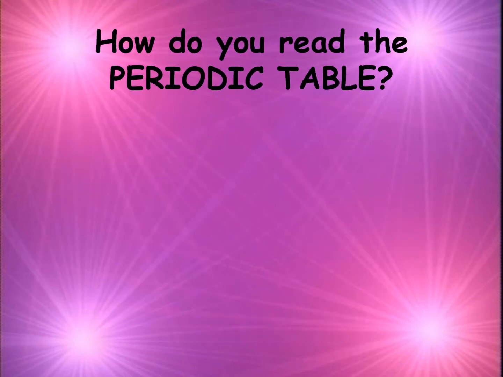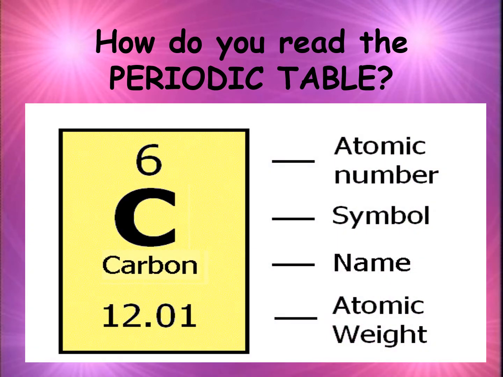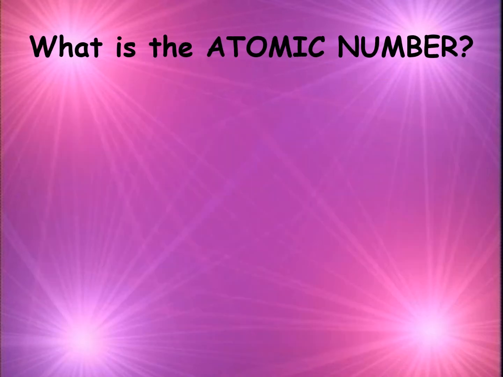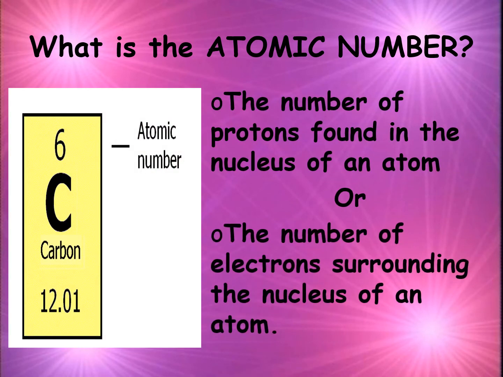How do you read the periodic table? Number 6 is the atomic number, then the symbol, name, and the atomic weight. Take note, atomic weight and atomic mass are the same. What is the atomic number? The number of the protons found in the nucleus of an atom or the number of electrons surrounding the nucleus of an atom, and that is the atomic number.